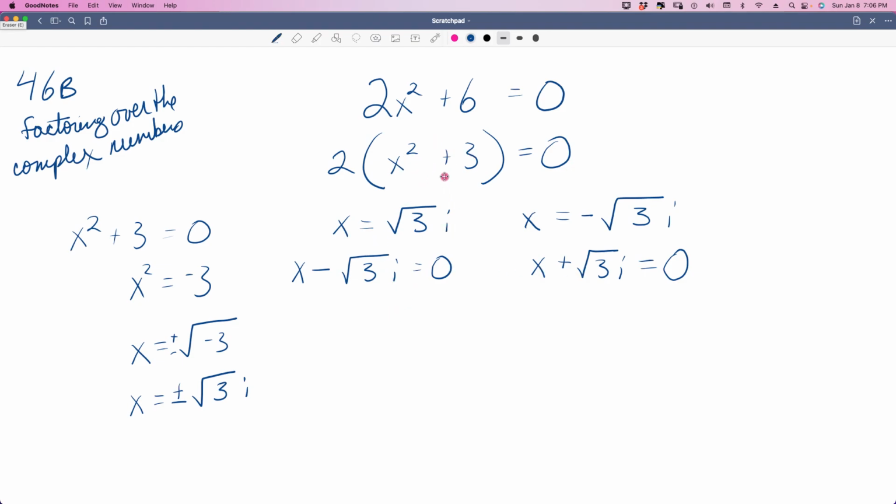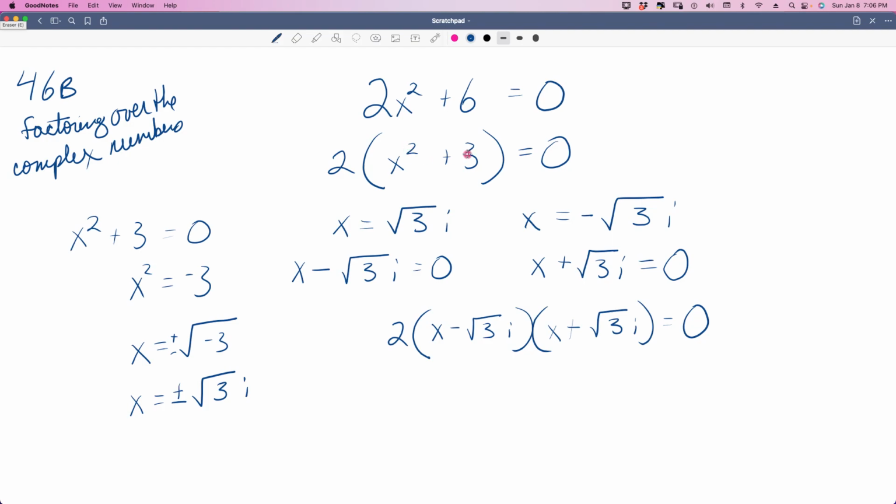So all we have to do now is put everything back into the factor, right? So we would say 2 times x minus square root of 3i times x plus the square root of 3i is equal to 0.